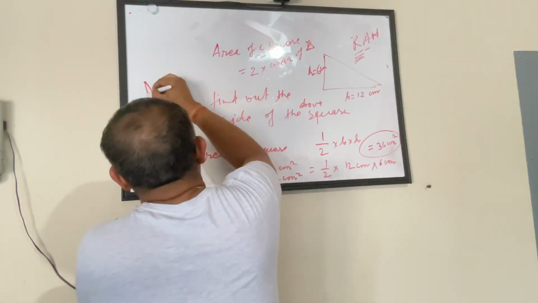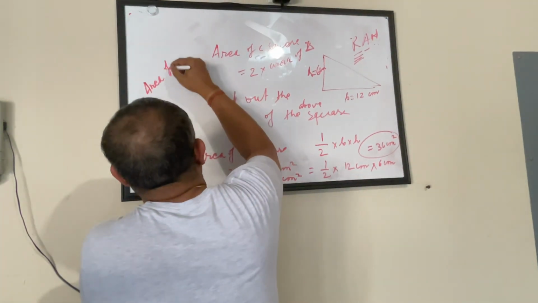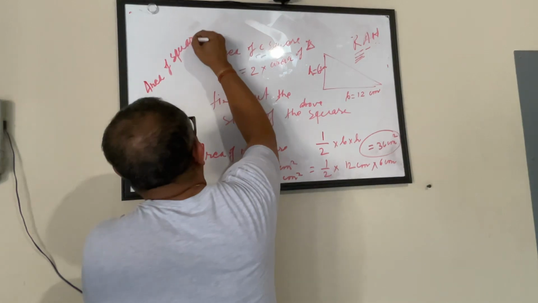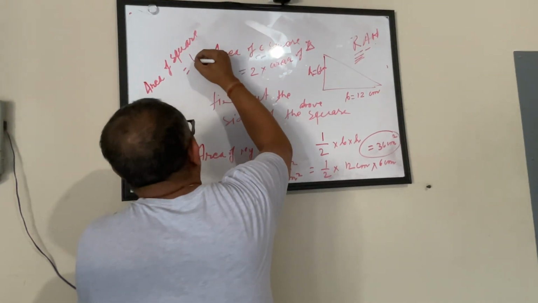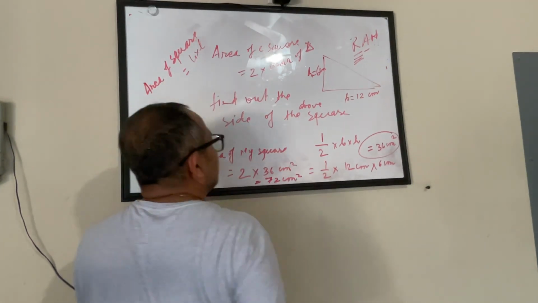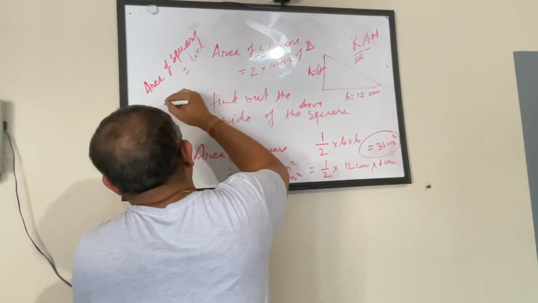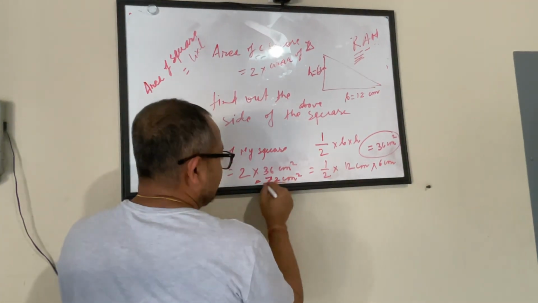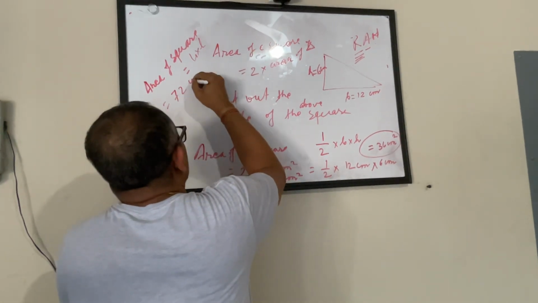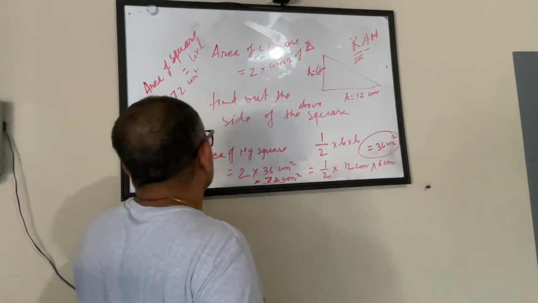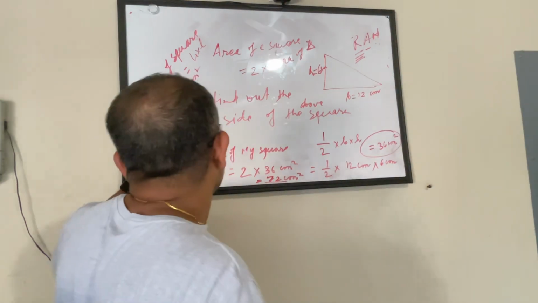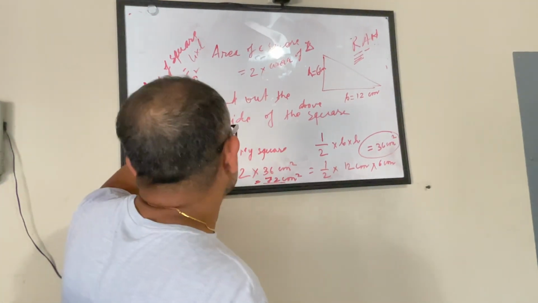What is the area of a square? That is length into length. I have some value, length into length will be equal to what? 72 centimeter square. So if length is 5, it will be 25. So that is not the case.